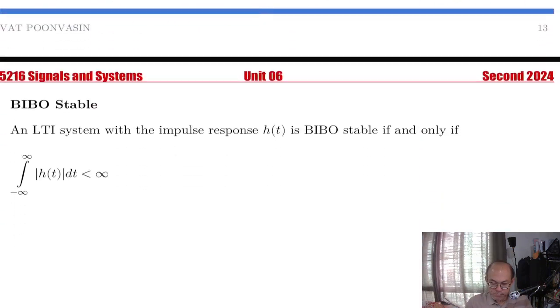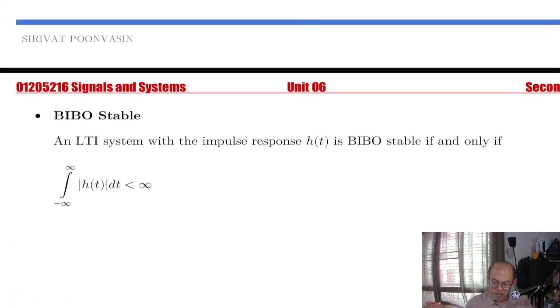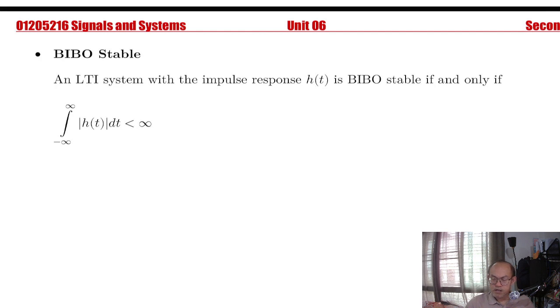Okay. Now the last one is BIBO stability, to determine if the system is bounded input, bounded output. BIBO, if you remember, stands for bounded input and bounded output.